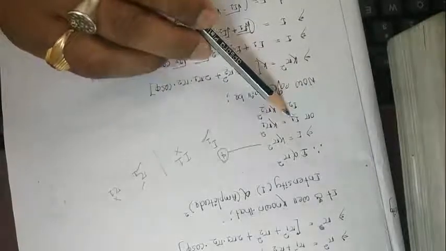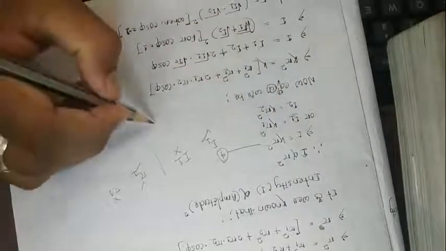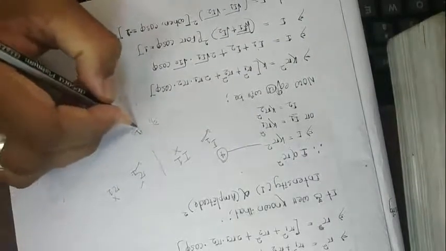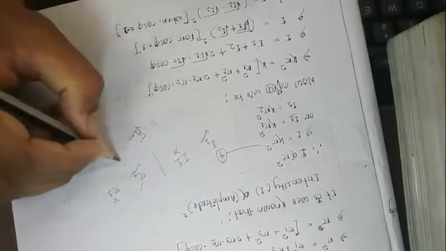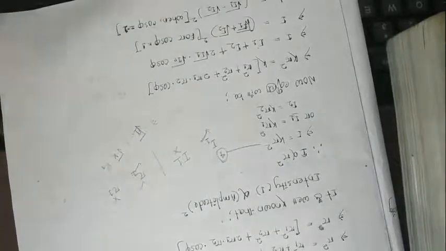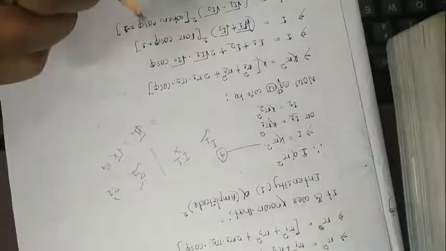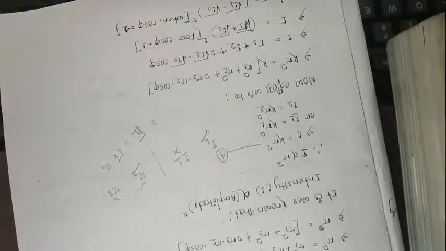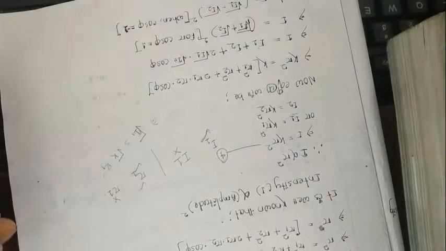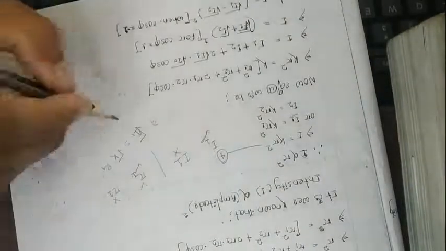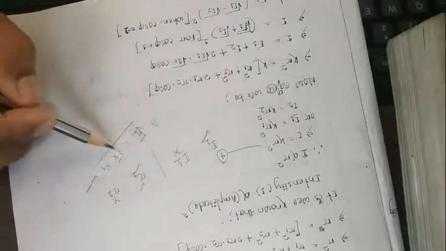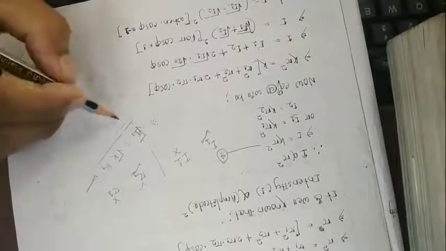As I1 is equal to K R1 square, that implies root over I1 is equal to root over of K into R1.